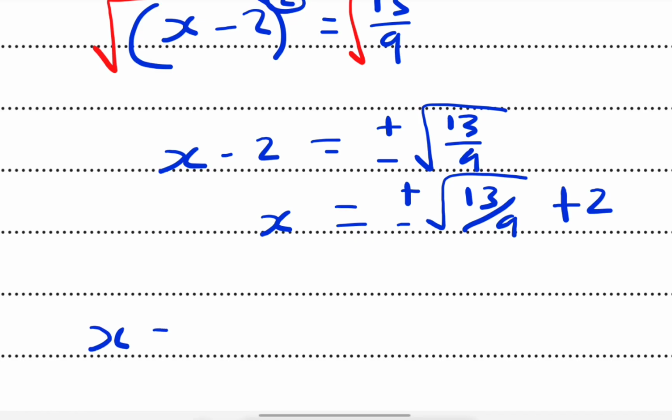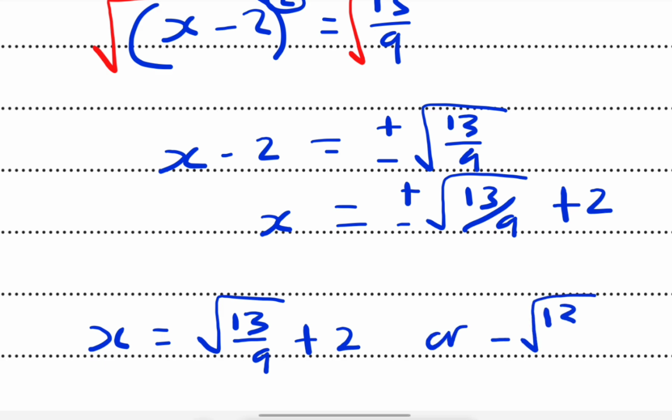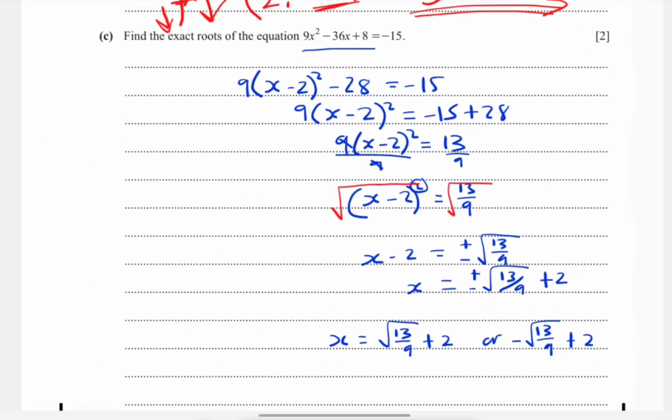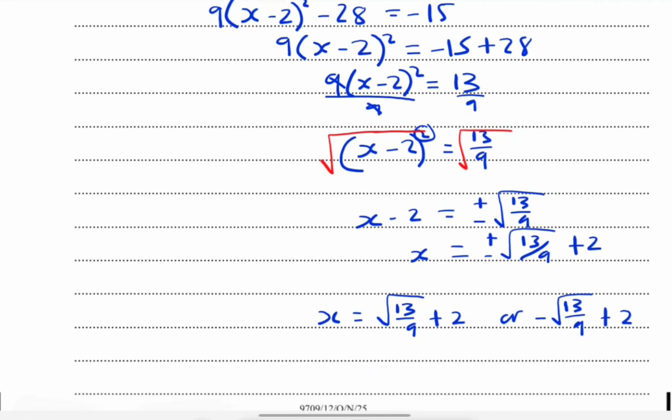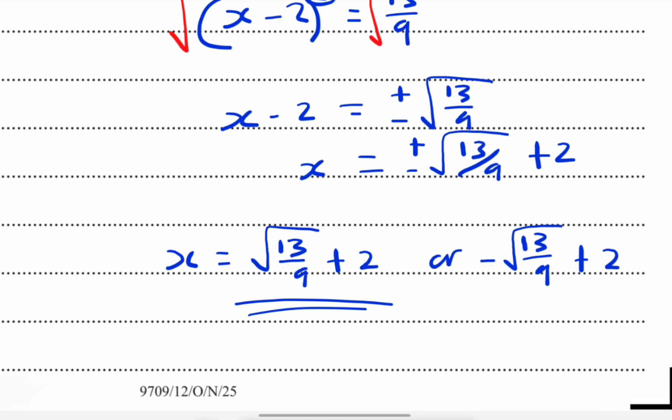So the first value of x will be root 13 over 9 plus 2, and the other one will be minus root 13 over 9 plus 2. And since the question said the exact roots, we're not going to simplify the square roots. We're just going to leave our answers as this.